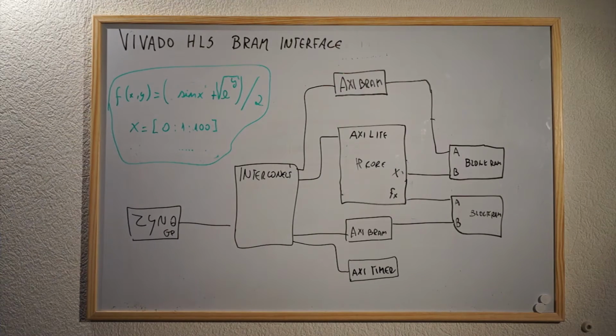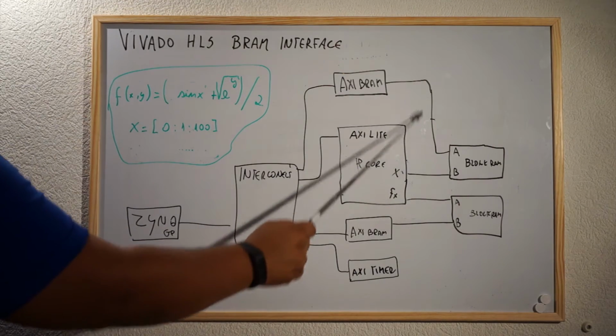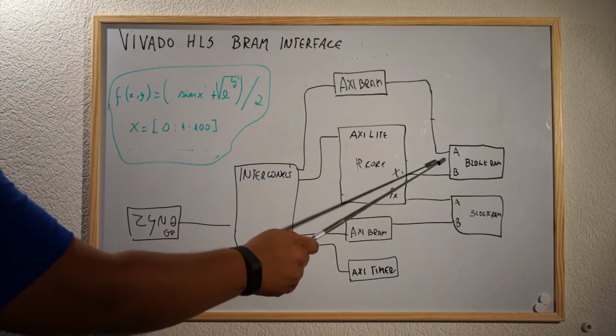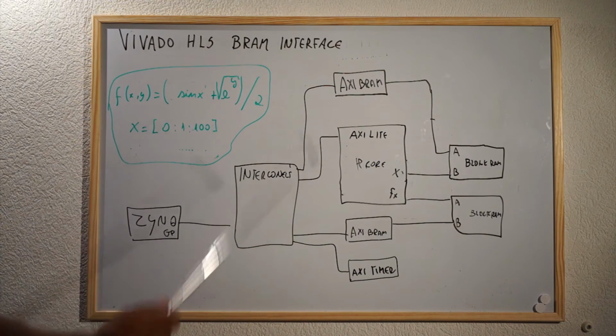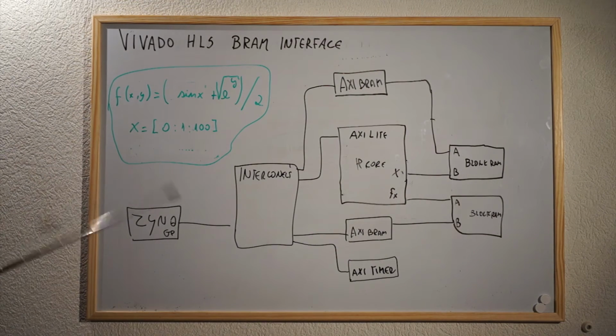Just to mention, the interface used to communicate with the block RAM will be AXI full, so it allows burst. It is one of the fastest ways to communicate data from your program to the FPGA. The problem though is that the block RAM in the FPGA is quite limited. You don't have megabytes of RAM. I'll post in the lab how much RAM we're going to have in the Zynq.